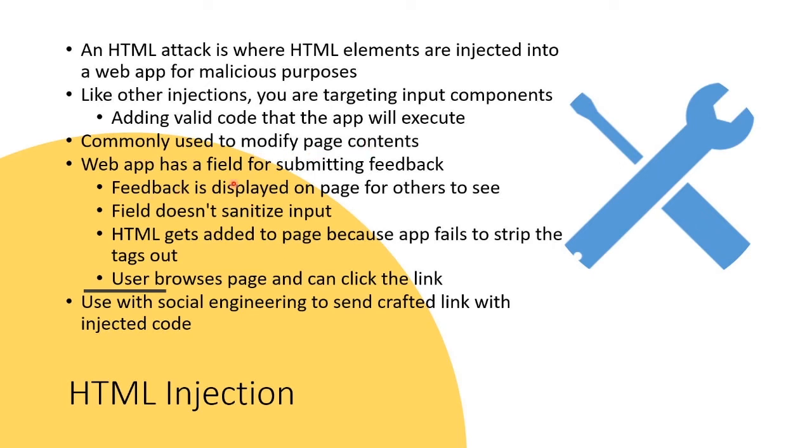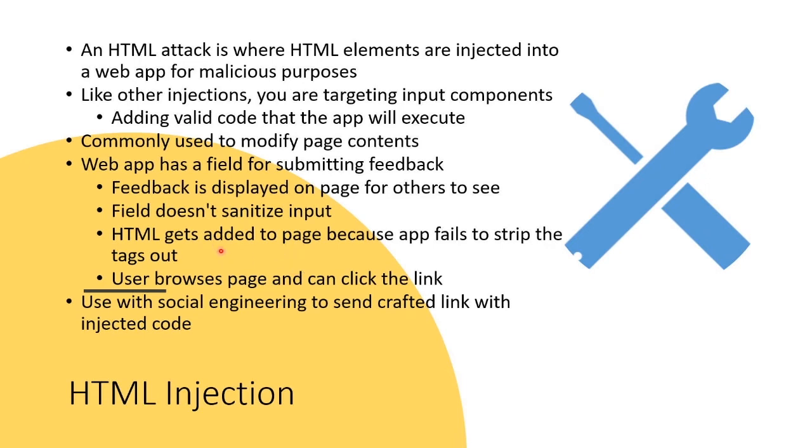The web app has a field for submitting feedback. That would be a legitimate use. But the feedback is displayed on a page for others to see, and they don't bother sanitizing the input. So now, instead of normal feedback about a product, where I'm saying what I thought about the product that I just bought, I'm putting in all sorts of stuff that I shouldn't be putting in.